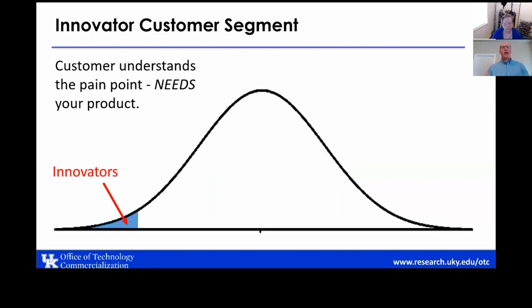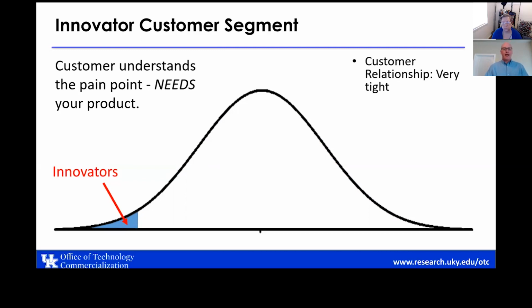Maybe it's buggy. Maybe it crashes. Maybe it doesn't integrate with other systems. There's some manual processes around it, but still their need for your product is so deep that they're willing to deal with all of that in order to be able to use your product because it solves just a piece of that pain point for them.